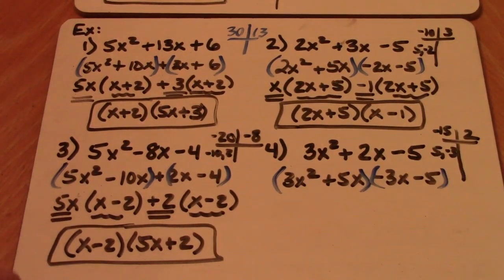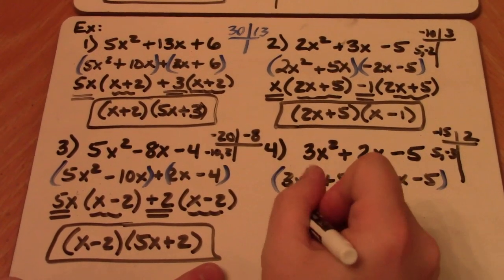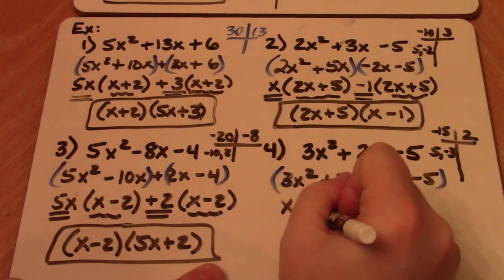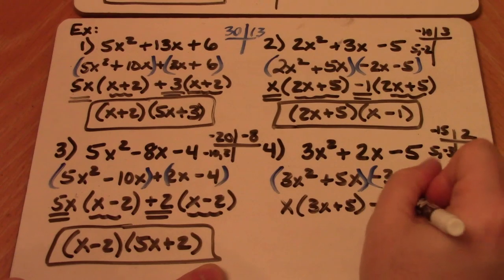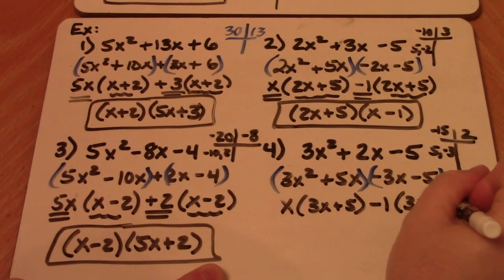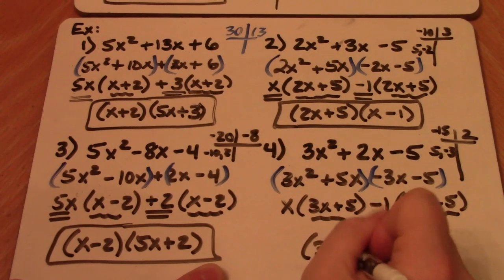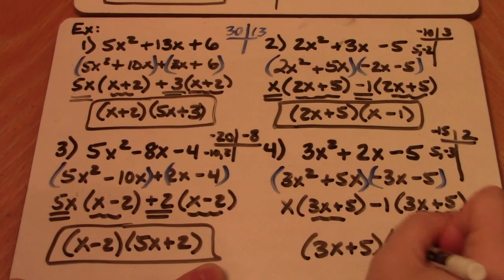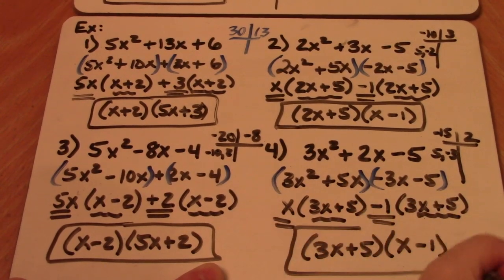It does not matter whether you write the negative 3x first or the positive 5x first, it will work either way. Here I can take out an x, which would leave 3x plus 5. Here all I can do is take out a 1, but I need it to be a negative 1 so that the signs will match. That means my factors are 3x plus 5 and x minus 1.